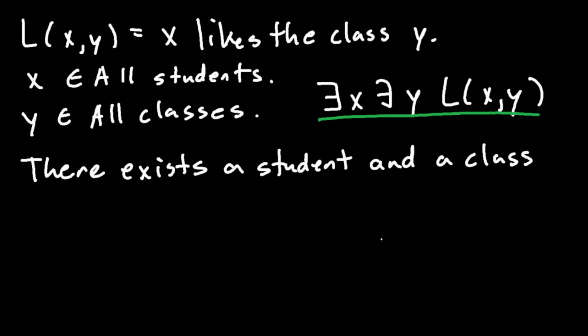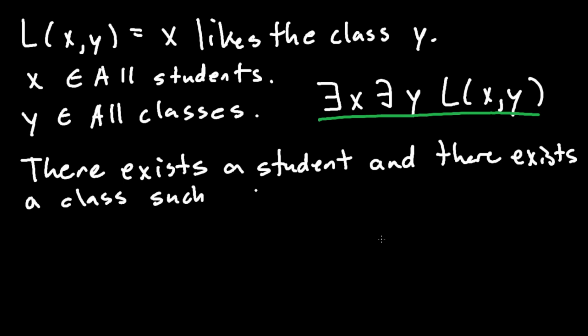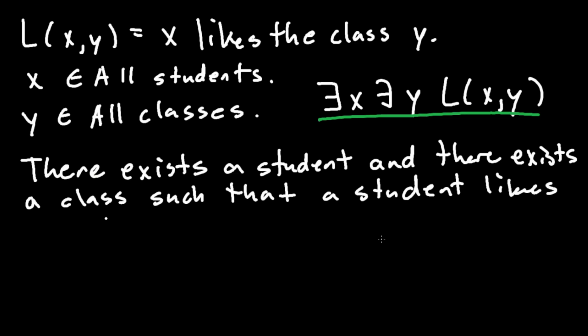So there exists a student, and there exists a class such that a student likes that class. Right? And we could have just simplified the sentence.